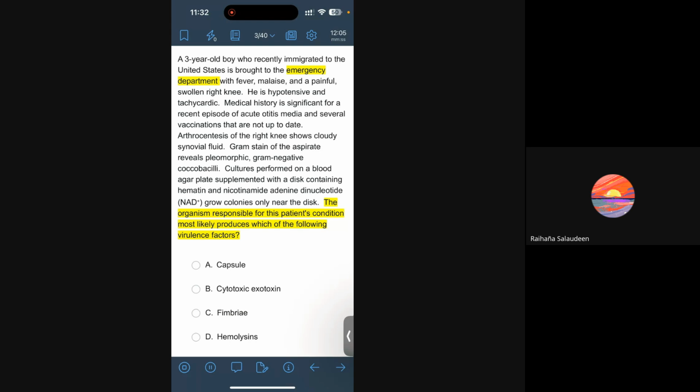Medical history is significant for a recent episode of acute otitis media and several vaccinations that are not up to date. So the patient has not taken his vaccinations, and he has a recent episode of acute otitis media as well. Arthrocentesis of the right knee shows cloudy synovial fluid.